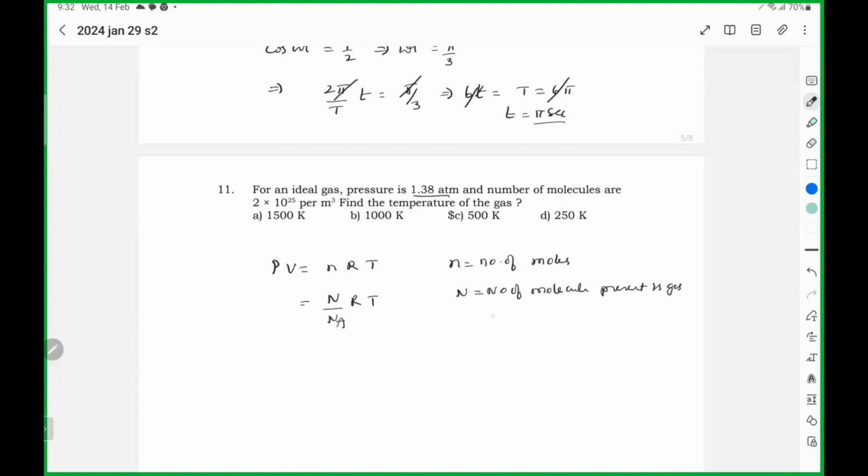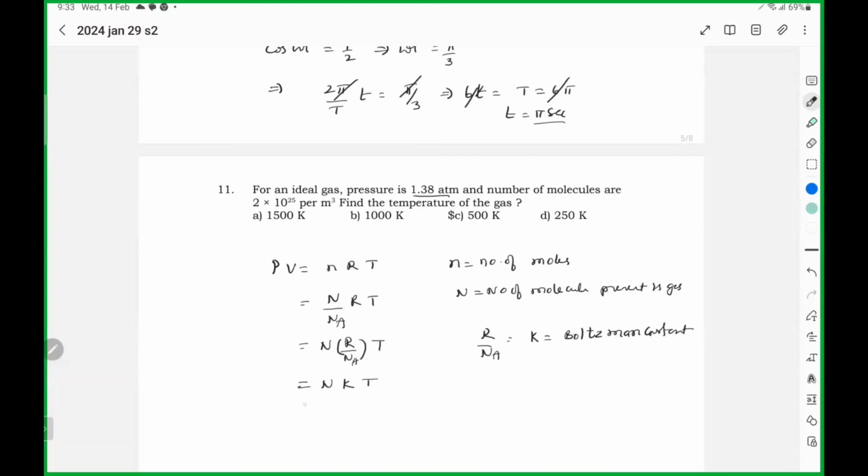And we know that here it is N into R by Na of T. R by Na is k, which is the Boltzmann constant. So here it is N k T.